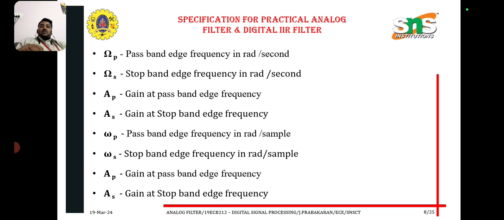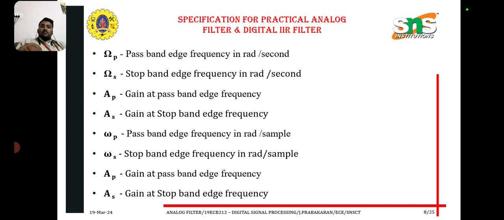Omega p represents the passband edge frequency in radians per second, and omega s represents the stopband edge frequency in radians per second. Alpha p represents the attenuation, that is, the gain at the passband edge frequency. Alpha s represents the gain at the stopband edge frequency.